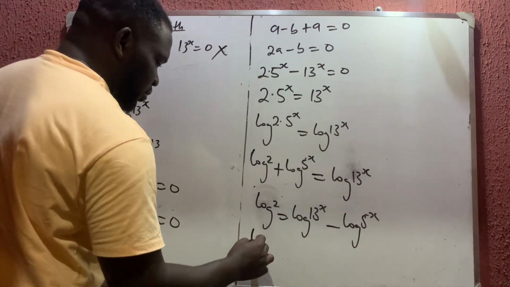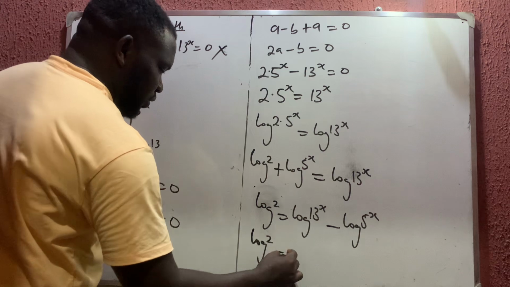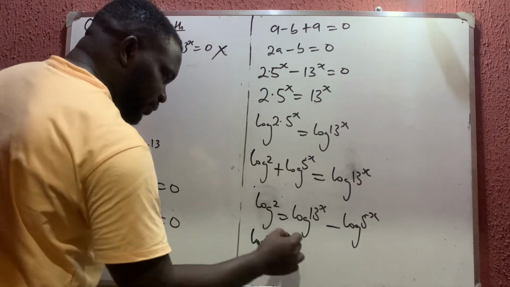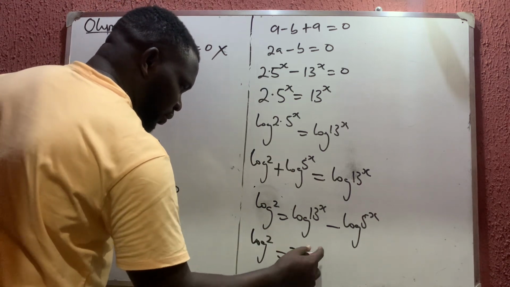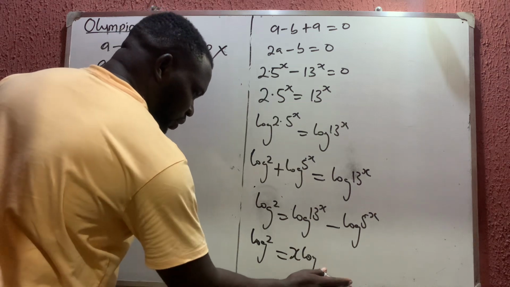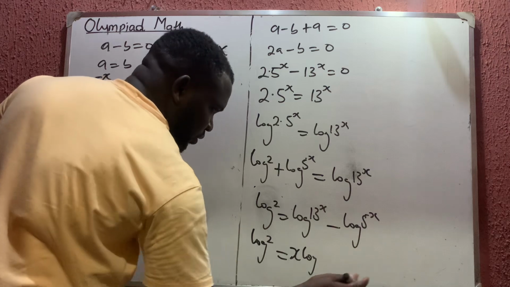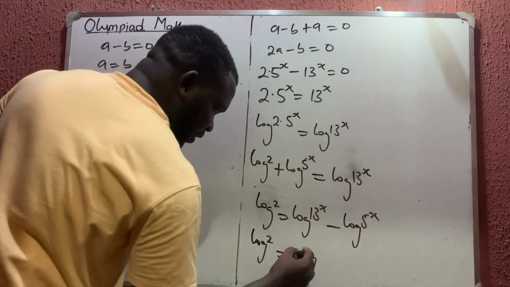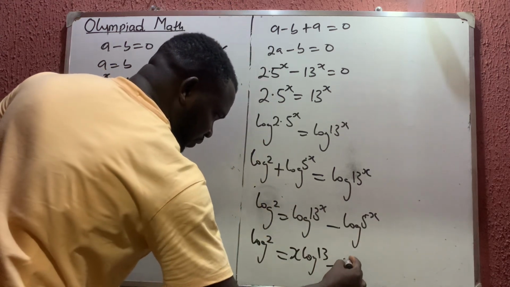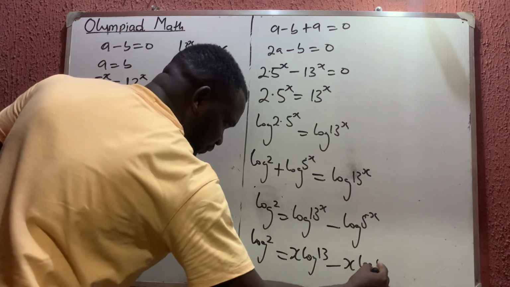I'm left with log 2 is equal to x log 13 minus x log 5.